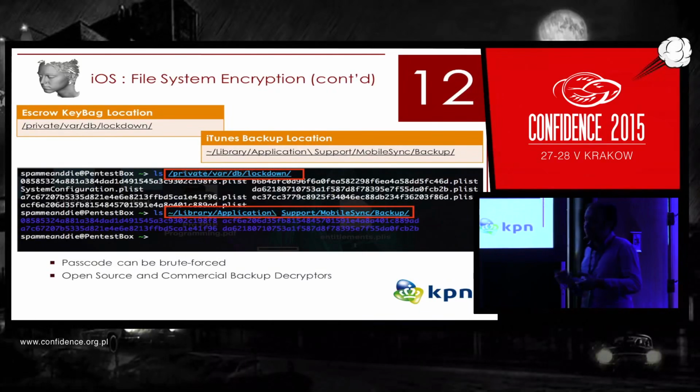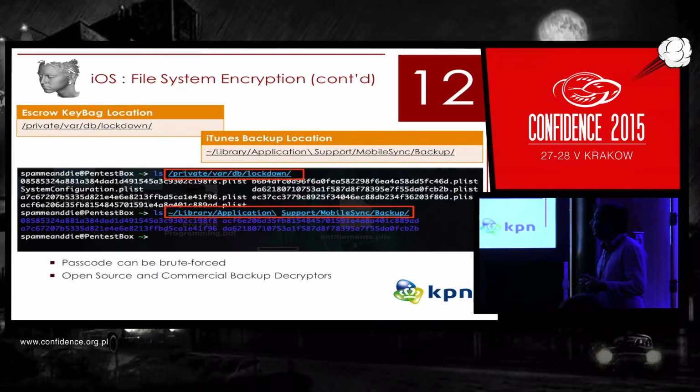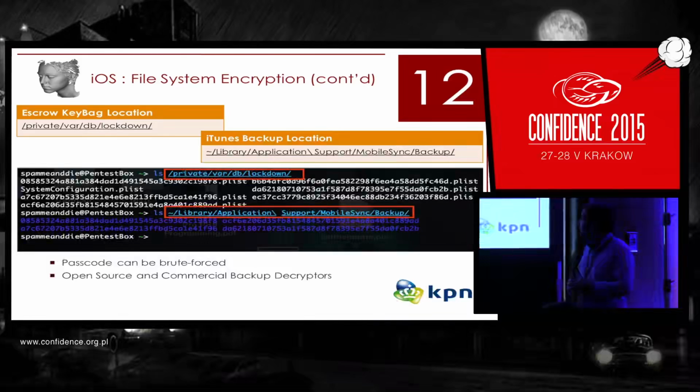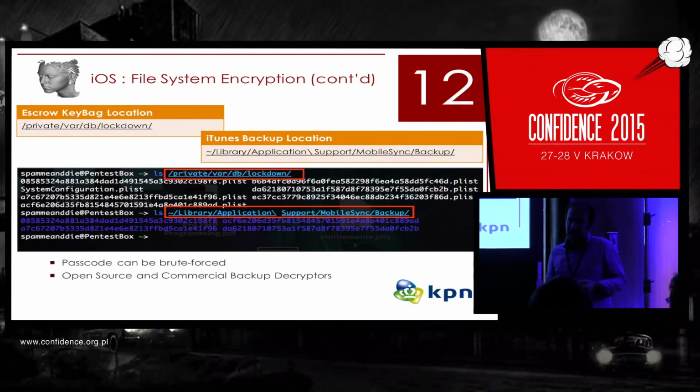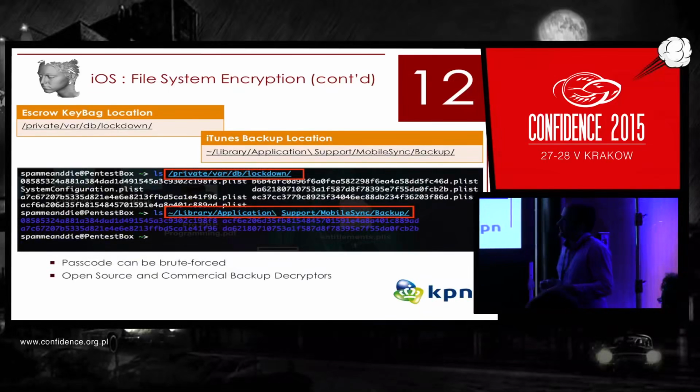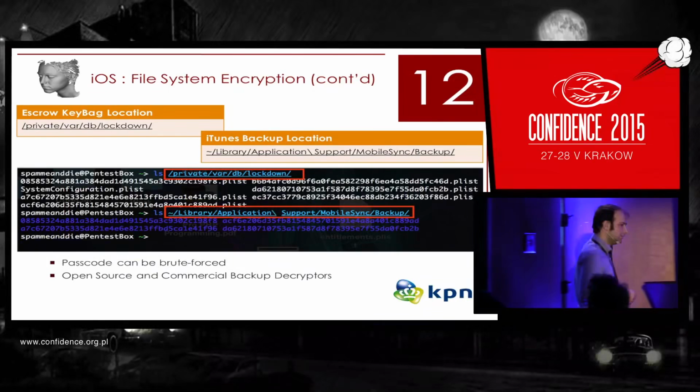And there are open source decryptors and commercial solutions where you can perform cryptographic attacks and try to find out the key. But it is being improved, and there are some changes that took place after iOS 8 and newer versions of the implementations.